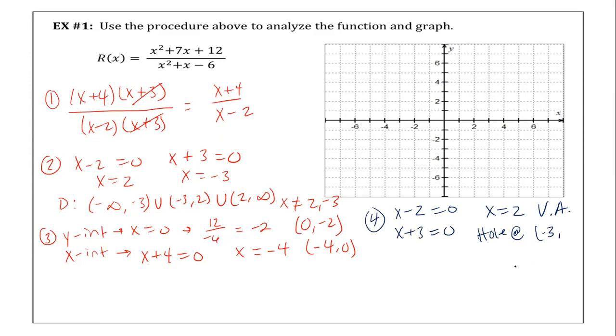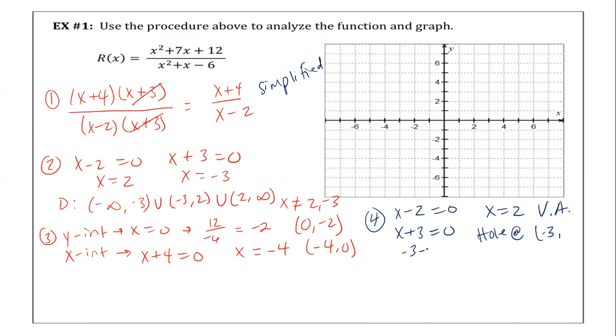Does anyone know how to find where the hole is at? You plug it in. To find the exact location of your hole, you plug -3 into the simplified function.